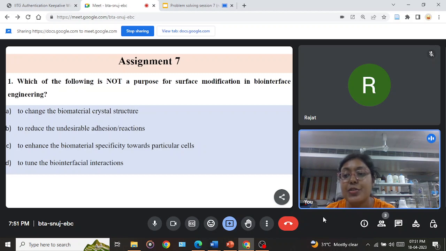And option D, that is to tune the biointerfacial interaction. Again, options B and C are both criteria, or ways by which you tune the biointerfacial interaction. So all three options B, C and D define the purpose for surface modification in case of biointerface engineering, whereas option A, that is to change the biomaterial crystal structure, is not a purpose for surface modification, right?